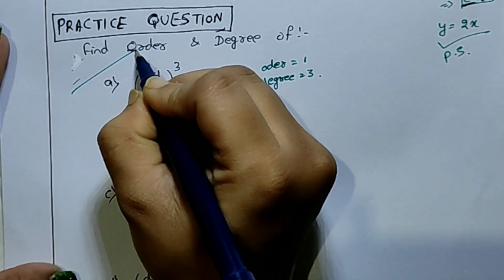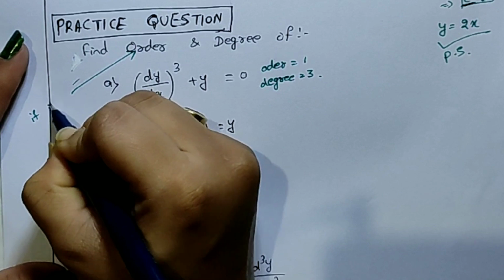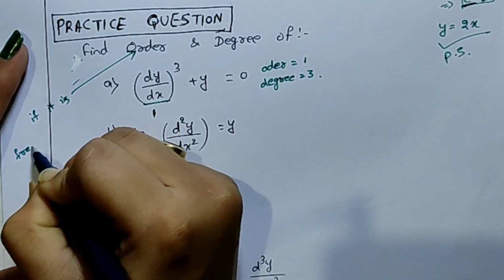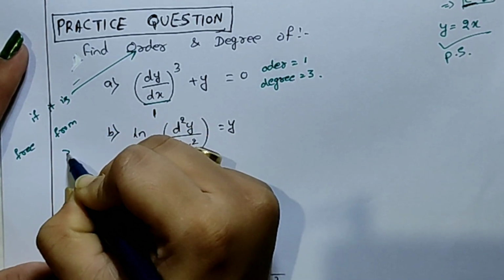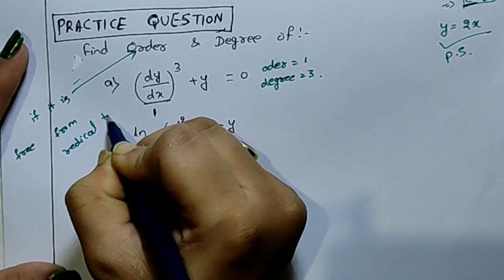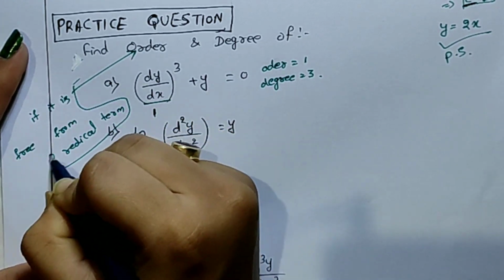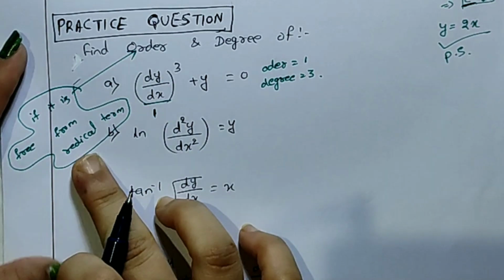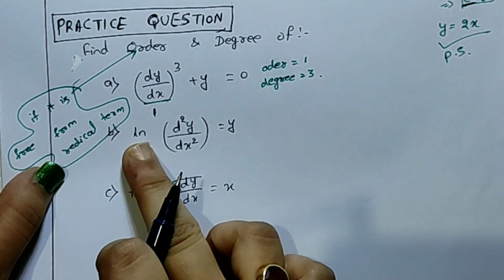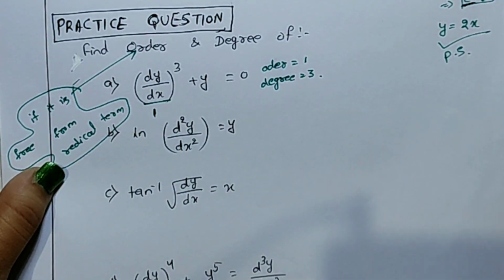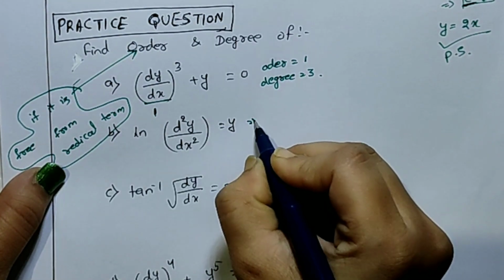Remember, I can find order and degree if it is free from radical terms. So what are radical terms? That means tan inverse, ln, sin, this type of term.